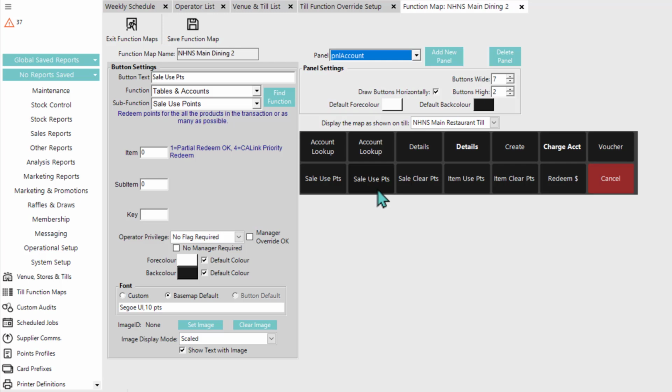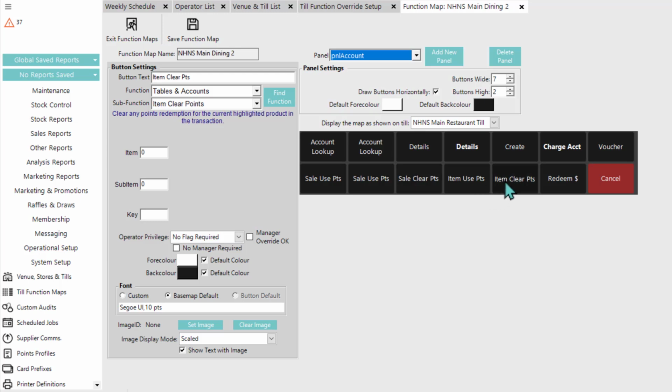Also, for both of those points redeem options, we do have some counteracting till functions that can clear a points redemption from a transaction before it is finalized. We've got sale clear points, so we can see right there, clear any points redemption for all the products in a transaction, again provided that the transaction has not been finalized.